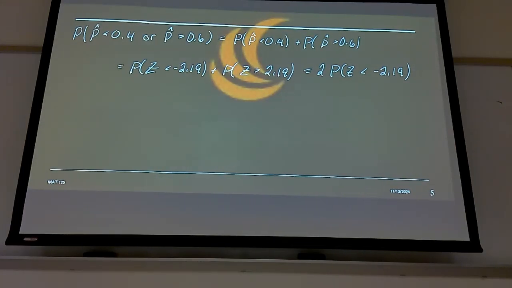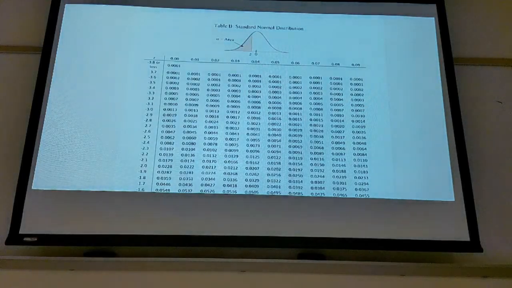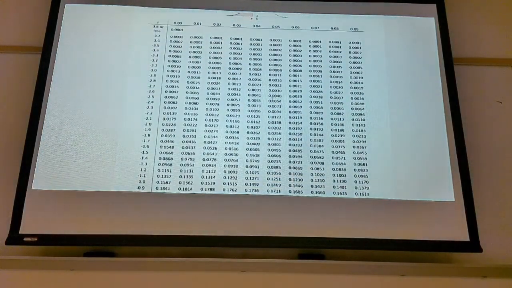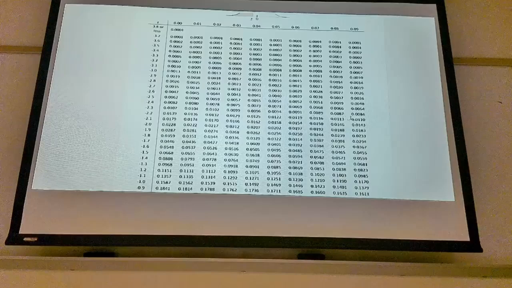Now go to the chart. Negative 2.19. It's negative 2.1, and mine is all the way over.